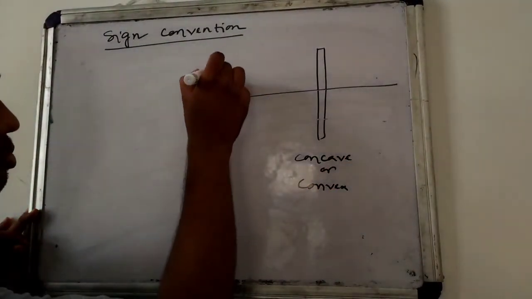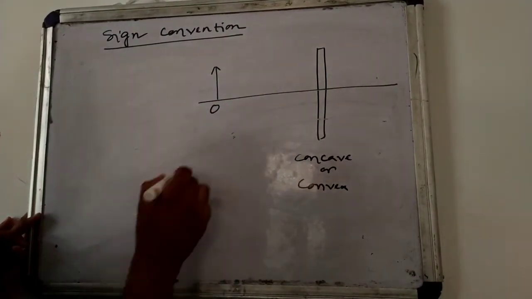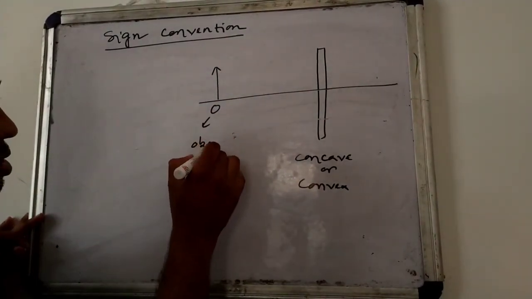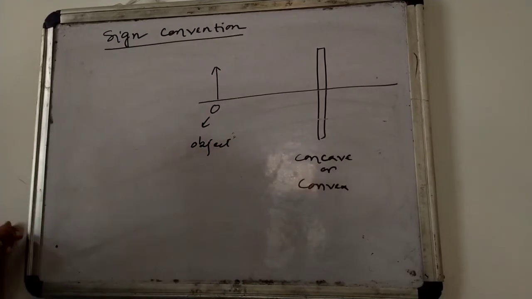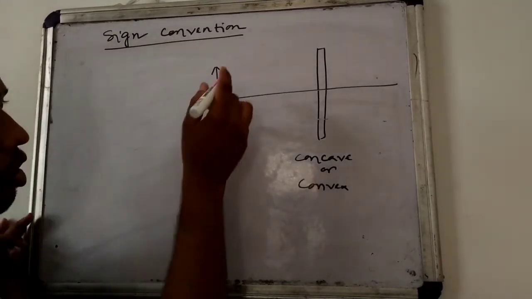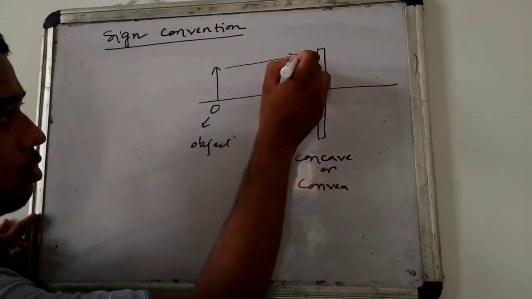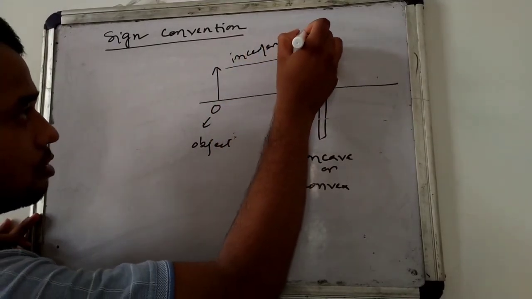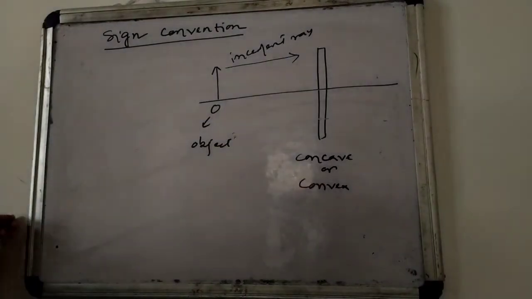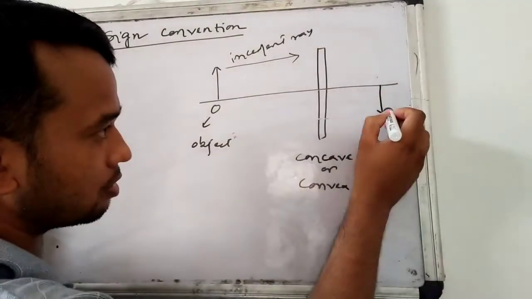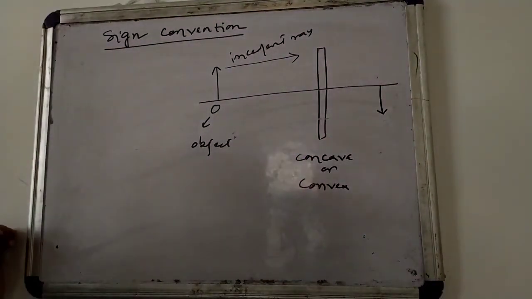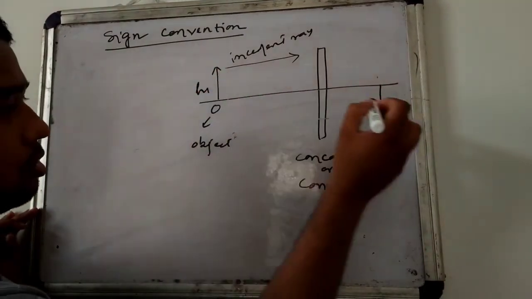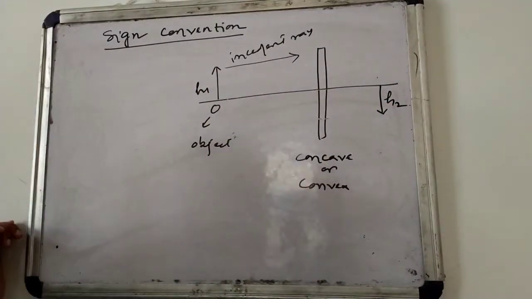Suppose this is our object O. Okay, now from the object the incident ray will follow this direction. This is our incident ray. Suppose an image is formed here. This is H1, this is H2.